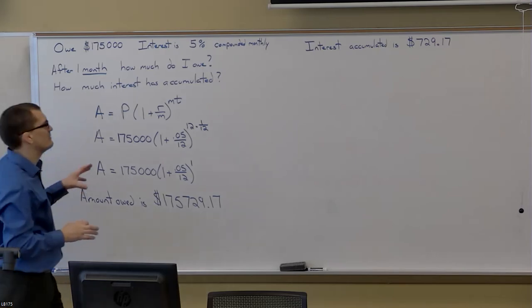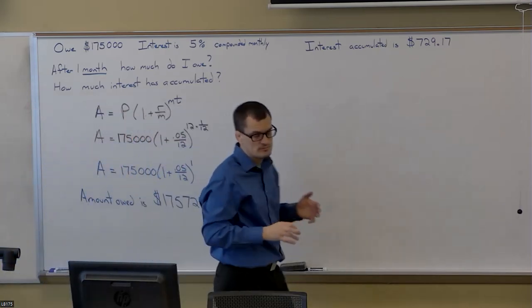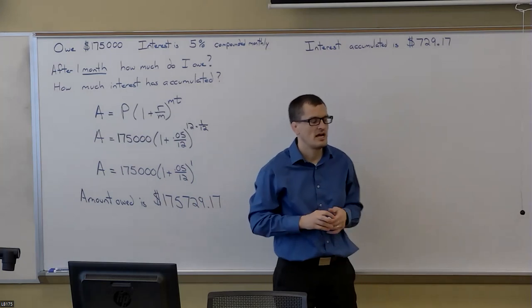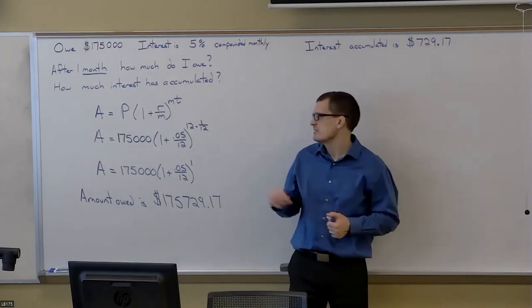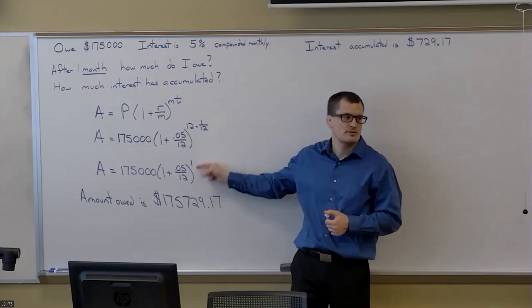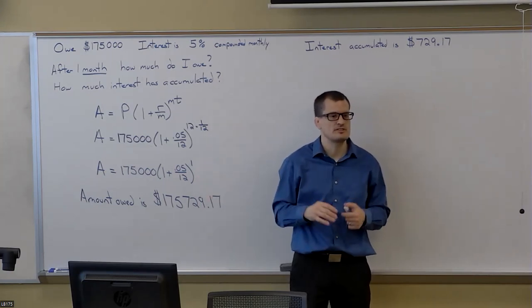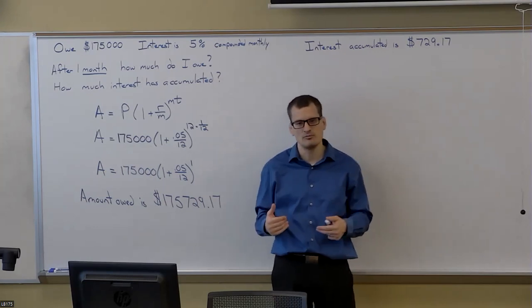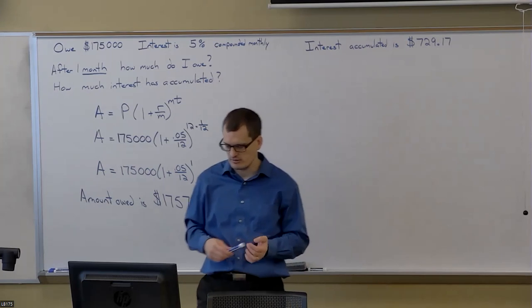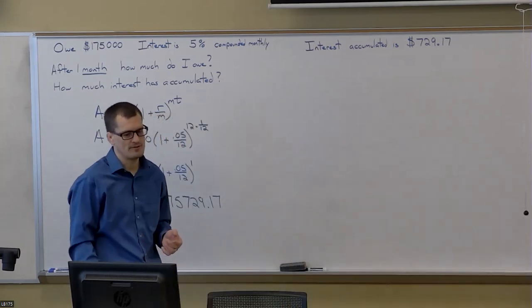Now, I did both of these initial 2 problems for a 1 month time period, so that we saw how that worked. Because oftentimes when you deal with the bank, you have to pay month by month, right? If you take out a home loan, if you take out a car loan, they make you pay month by month.